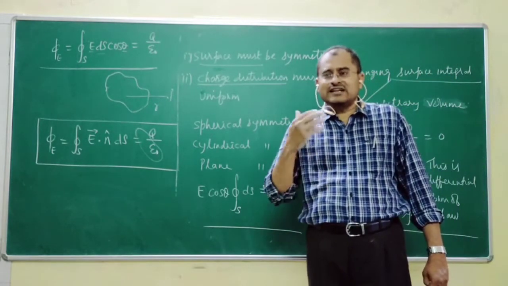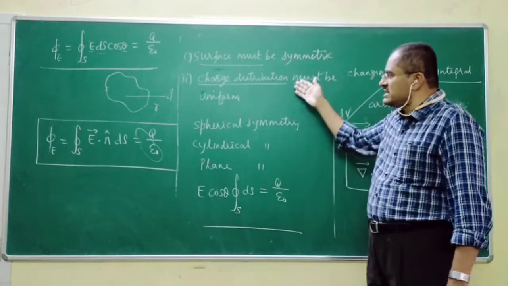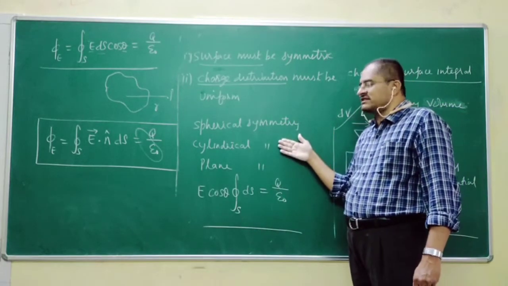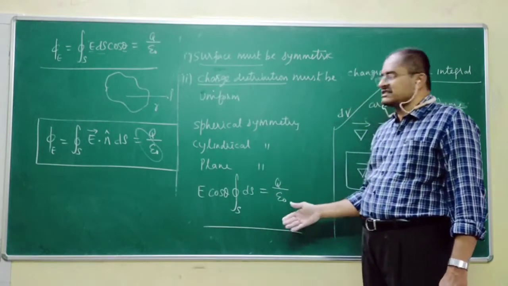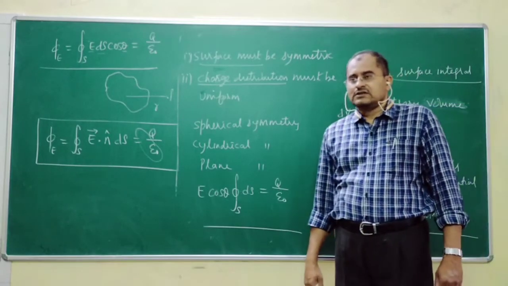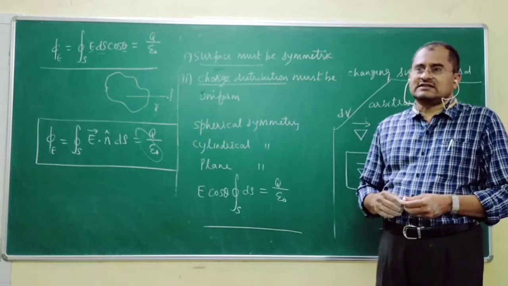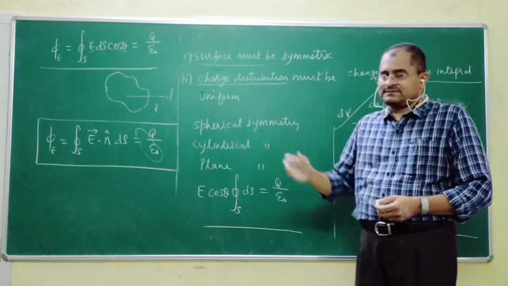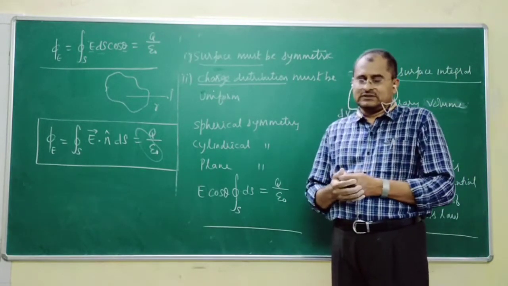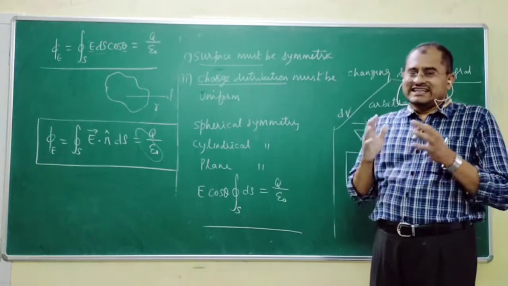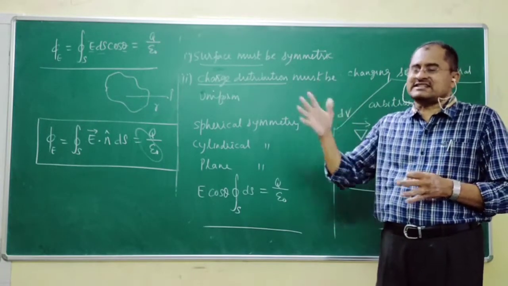When is it useful? In order to make Gauss law useful, these two conditions have to be fulfilled. And these are the three symmetries used. We stop here. God willing, in the next class, we will try to apply this Gauss law to find out electric field intensity in different cases.